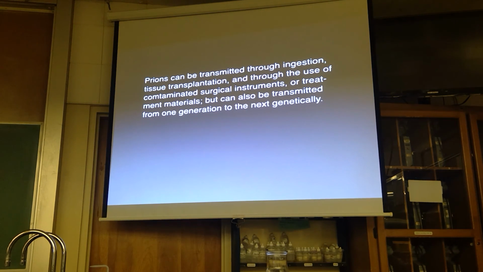If you eat the prion proteins, they can survive going through the stomach, through the intestine without being damaged. They get into the bloodstream, they migrate to the brain, and there they cause normal brain proteins to become prions.